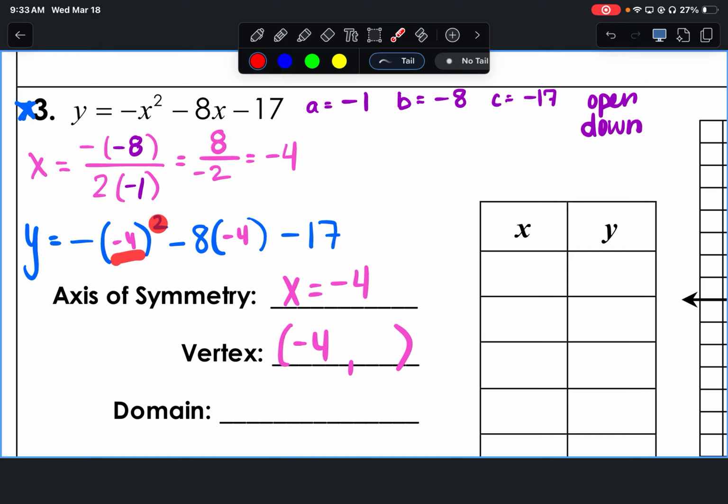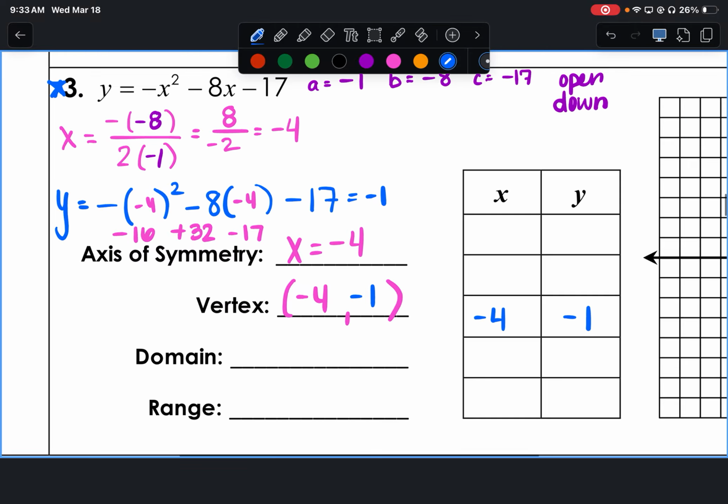What is -4 times -4? +16, but there's a negative in front, so that makes it -16. What is -8 times -4? +32. Then we have -17. What is -16 plus 32? 16. What is 16 minus 17? -1. So our point is -4, -1, and we put that right in the middle of our table.